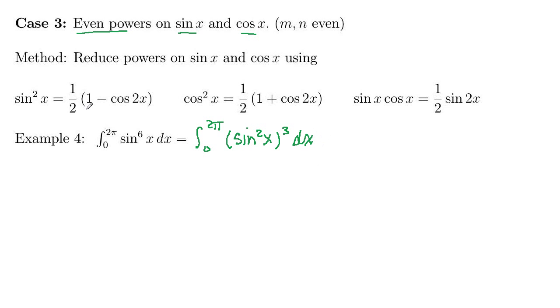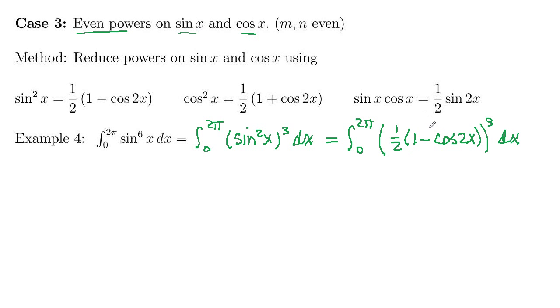And then our sine squared x right here, the half angle identity, we're going to plug that in. So this is the integral from 0 to 2 pi, and on the inside of those parentheses, 1/2 times 1 minus cosine of 2x. That gets cubed, dx.